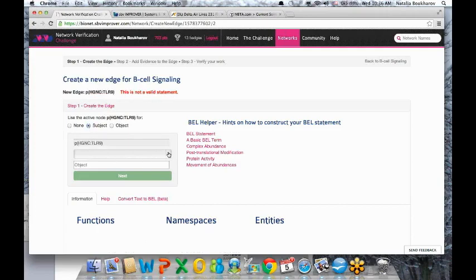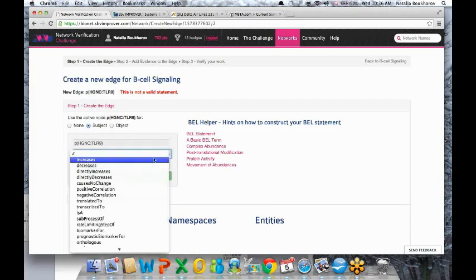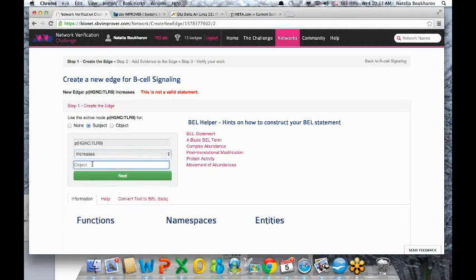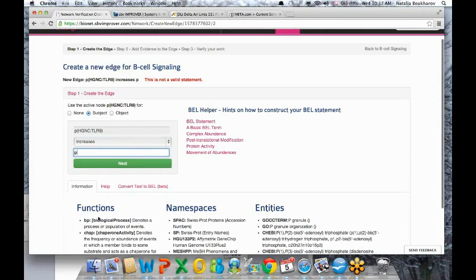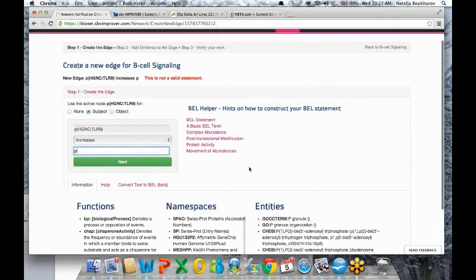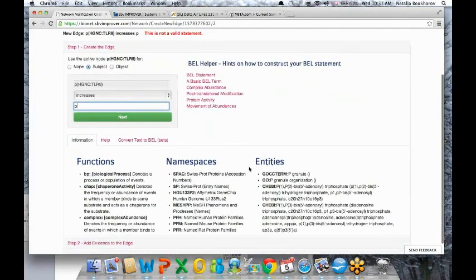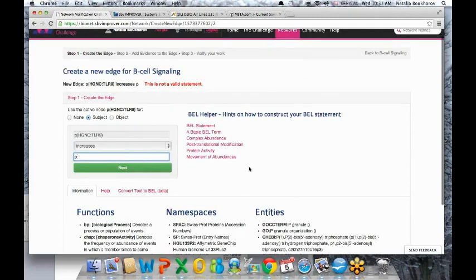Let's say it's subject, and then you select whether it increases or decreases, and then you need to type an object. When you start typing, then on the bottom you can see function, namespace, and entity. It kind of gives you a little bit of a cheat sheet of what to use for Bell.